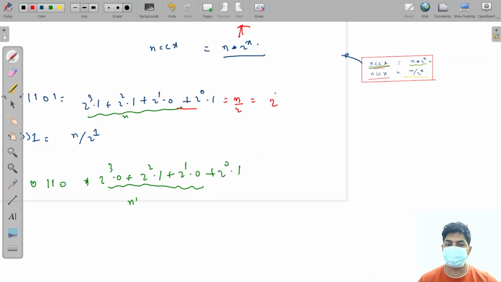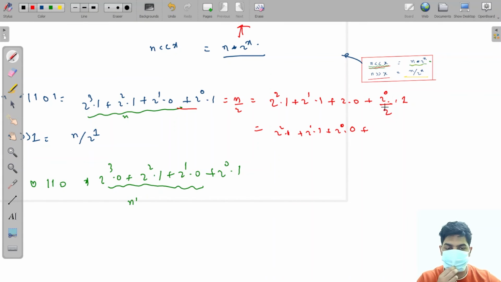What we get is 2 raised to power 2 into 1 plus 2 raised to power 1 into 1 plus 2 raised to power 0 into 0, plus 2 raised to power 0 divided by 2 into 1, so 2 raised to power minus 1.